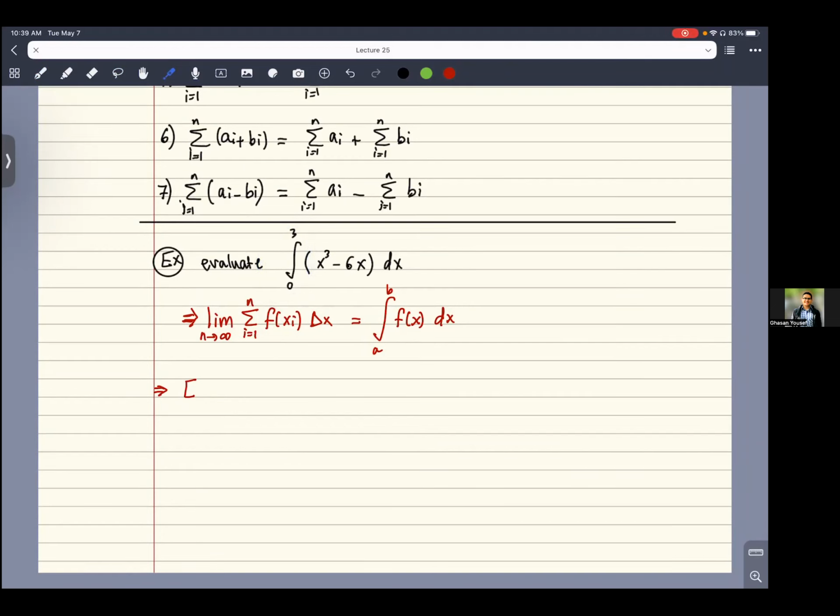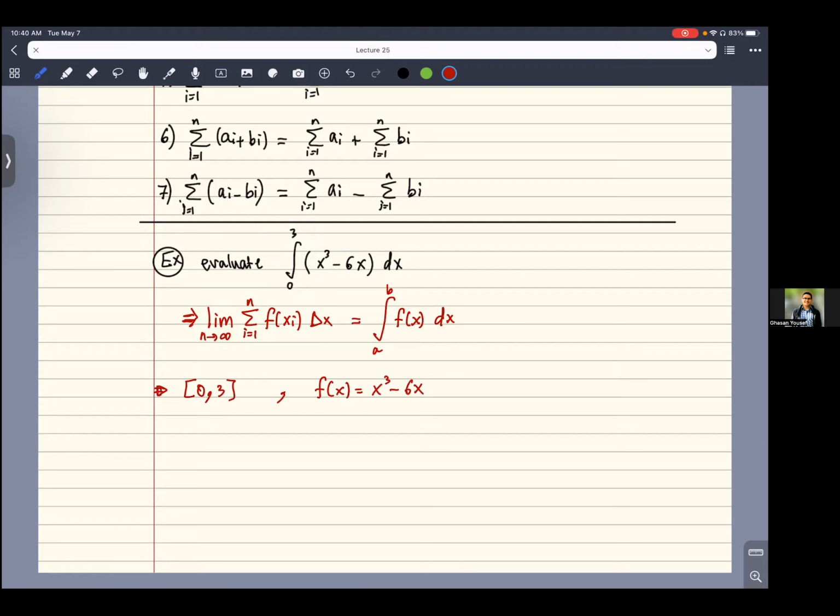Exactly, from 0 to 3. So 0, 3. This is the interval. My second question, what is f of x? What's the function? x cubed minus 6x. Exactly, it's x to the power 3 minus 6x.